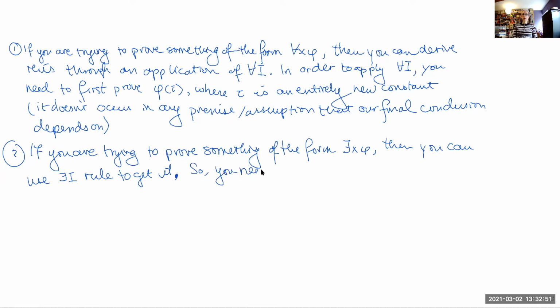So what you need to do is prove, again, phi of tau for any relevant tau. So we don't have the constraint that it's an entirely new constant.